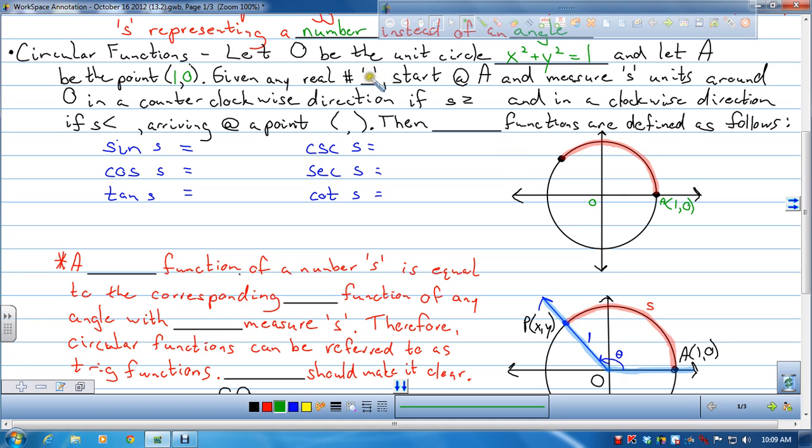Given any real number s, we start at A and measure s units around circle O in a counterclockwise direction if s is greater than or equal to 0, and in a clockwise direction if s is less than 0, or negative. We arrive at a point, which we define as point P, and we name it x, y.